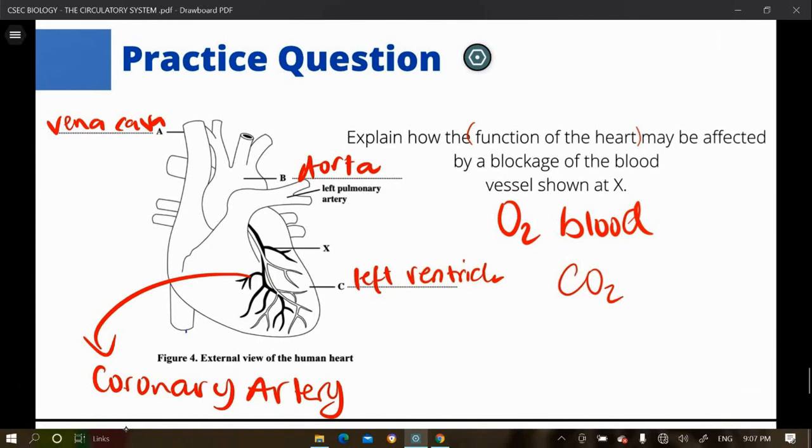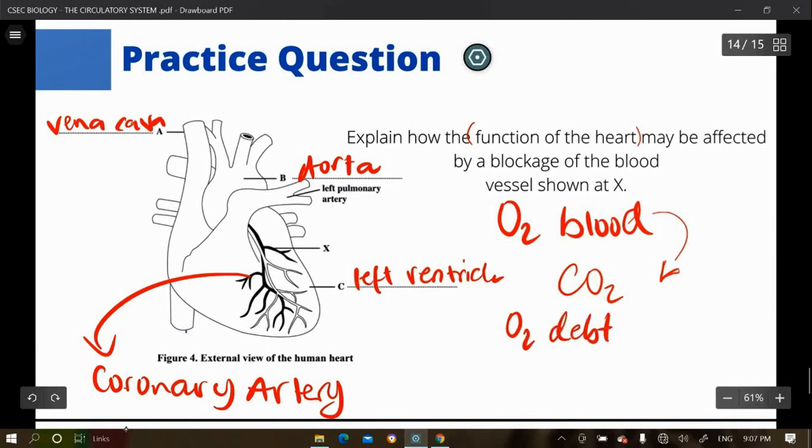If it's not getting oxygenated blood, there is a buildup of CO2, and during respiration you also have a buildup of lactic acid in muscles, and there is what we call an O2 debt. If this O2 debt is not replenished by oxygen, then eventually the muscle will die.